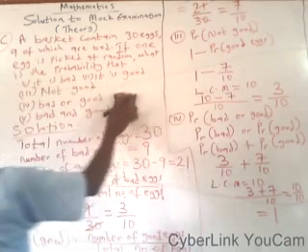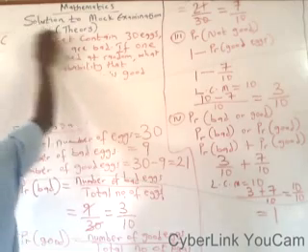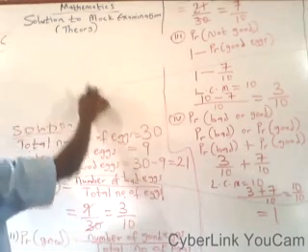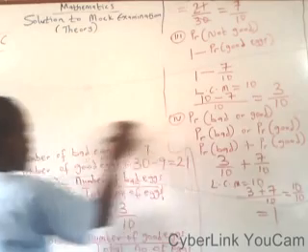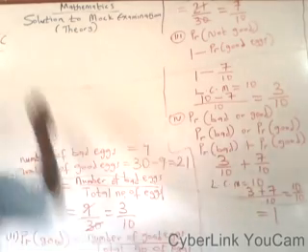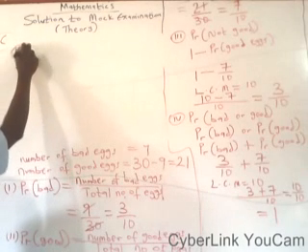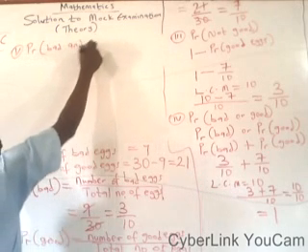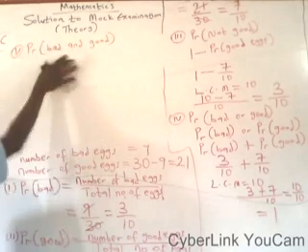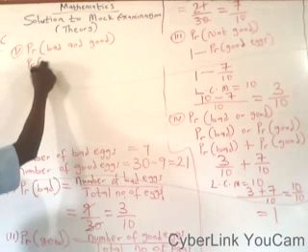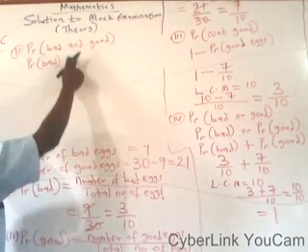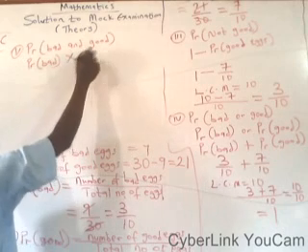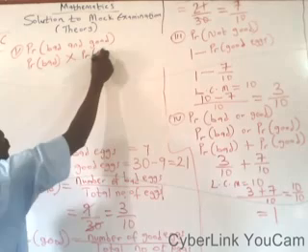Probability of bad and good. The interpretation of this simply means probability of bad, and in probability, and simply means multiplication, times probability of good.